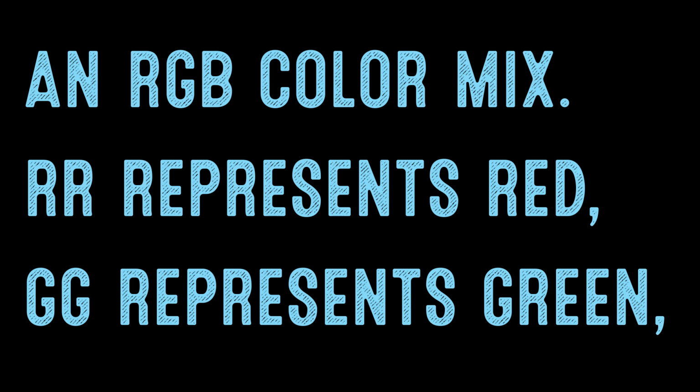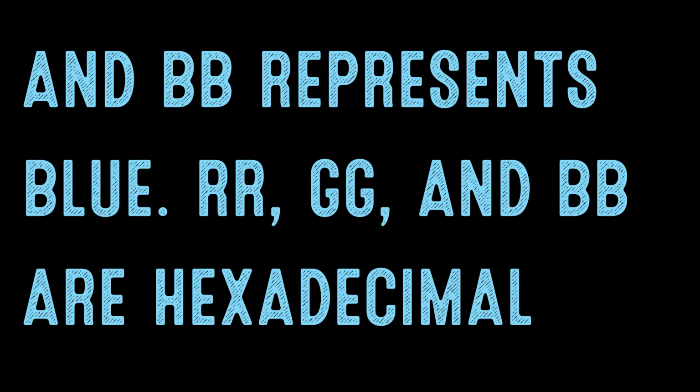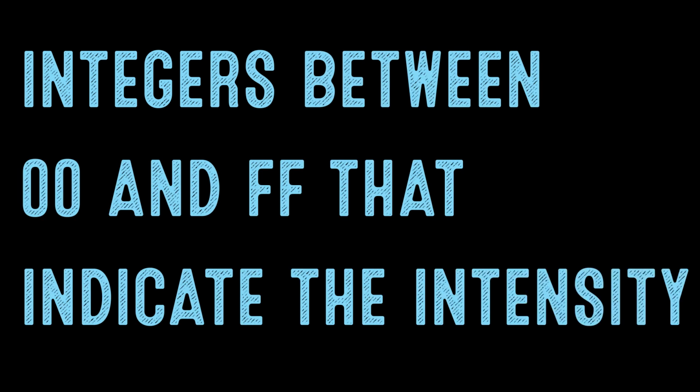RR represents red, GG represents green, and BB represents blue. RR, GG, and BB are hexadecimal integers between 00 and FF that indicate the intensity of the color.